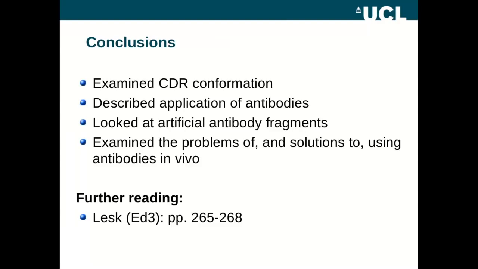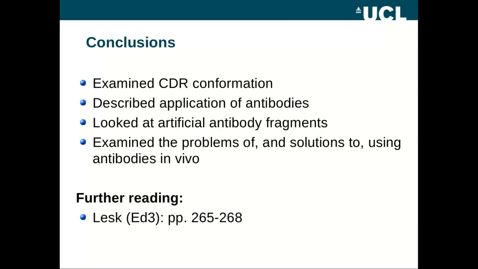There are also residues that really fine-tune the precise conformation of the CDRs, and that became important later on when people were trying to humanize antibodies by taking mouse CDRs, grafting them onto human frameworks, and needing to make a few changes in those human frameworks in order to support the CDRs in precisely the correct conformation.